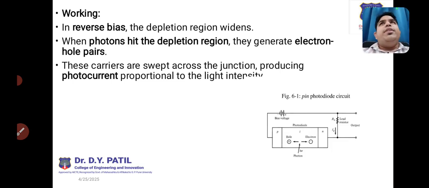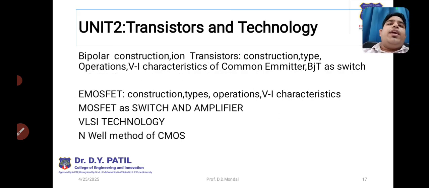When light falls on the active region, the electrons move toward the n type and the holes move towards the p type, and current flows through it, because light energy is converted into electrical energy. That is the photodiode.